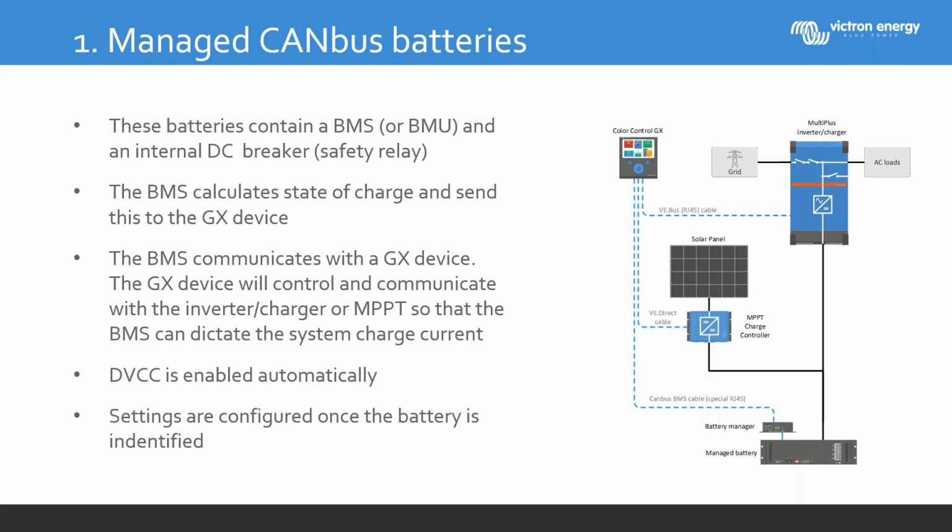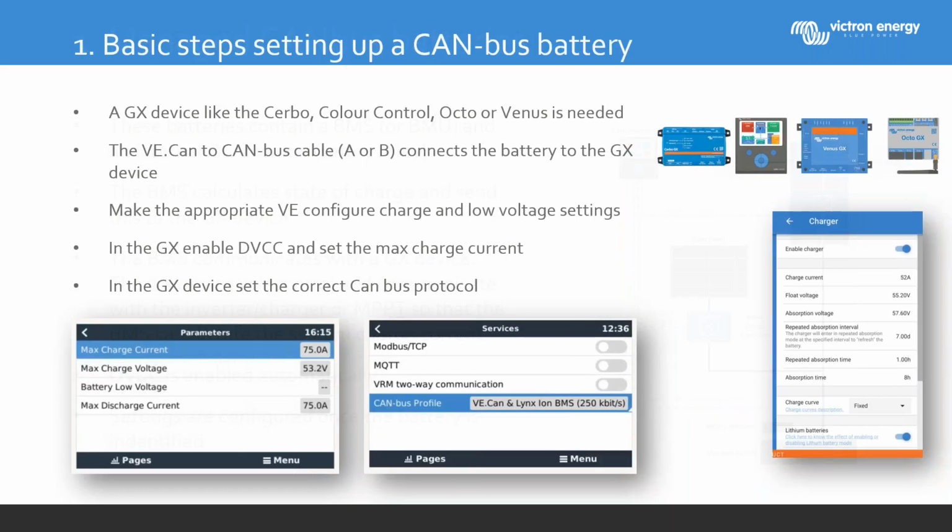Okay, so a new feature that we have now, a lot of these digitally interfaced batteries, the moment you connect it to our GX devices, there's an auto detect feature. So the GX device will automatically program all the settings for the particular battery the moment you connect it to the GX device. What's important is that you need to use the right cable, connected to one of the GX devices. So depending on which battery, there's a type A or type B cable.